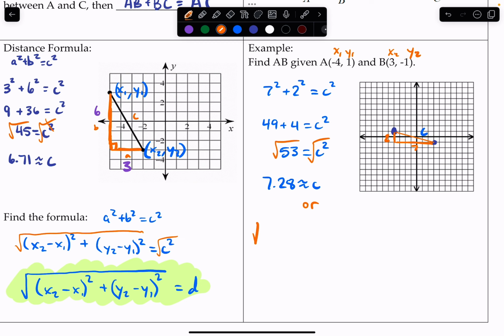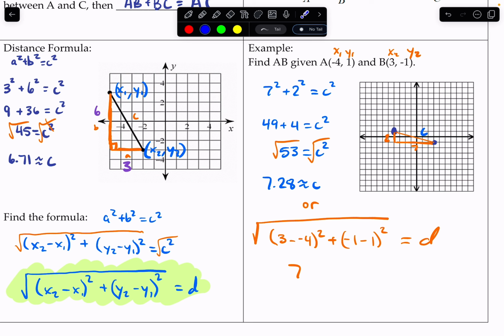So x2 minus x1, that is going to be 3 minus -4, and we're going to square that. Add that to y2, which is -1, minus y1, which is +1. We're going to square that. And once we've done all this math, it's going to equal that distance. So 3 minus -4 equals 7. No surprise there.